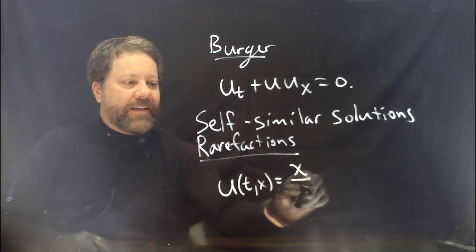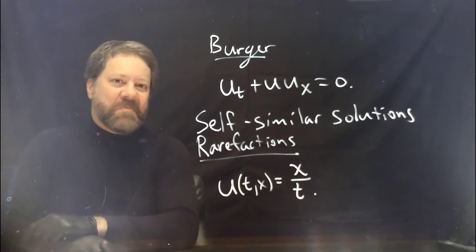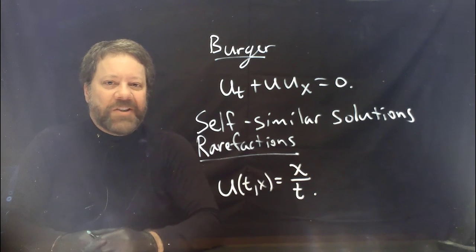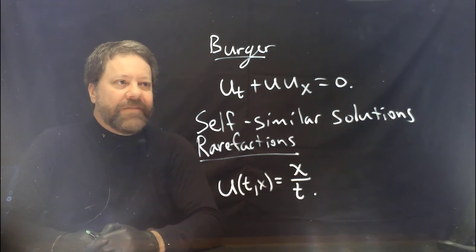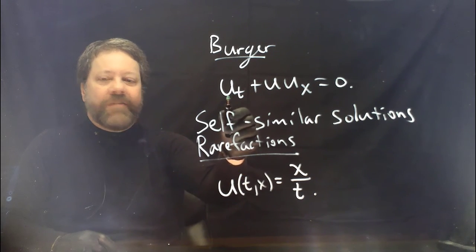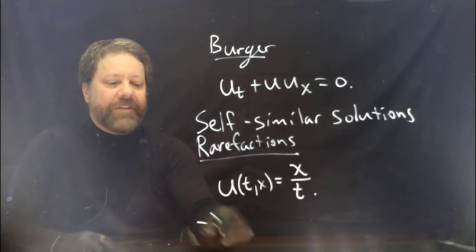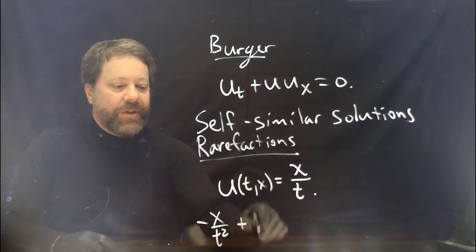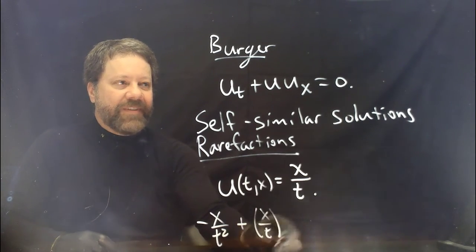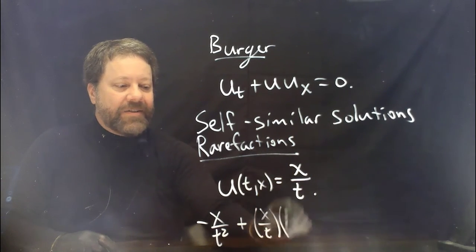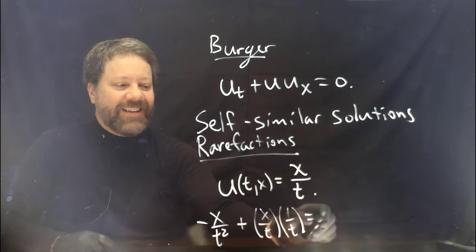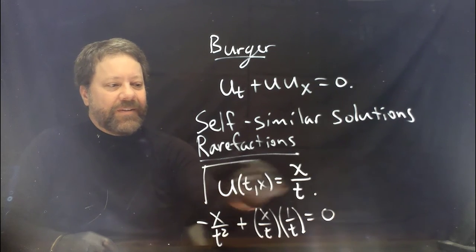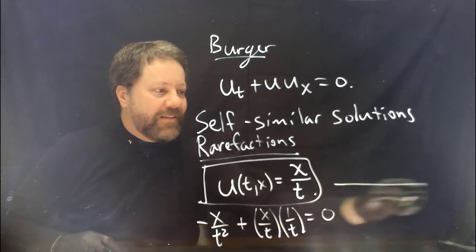How about x divided by t? I claim that's a solution to Burger's equation. We can check just by calculating the derivatives and verifying this. If we take the derivative with respect to t, we'll have negative x over t squared. U is x over t, and the derivative with respect to x is 1 over t. And so you clearly get 0. So this is a solution.